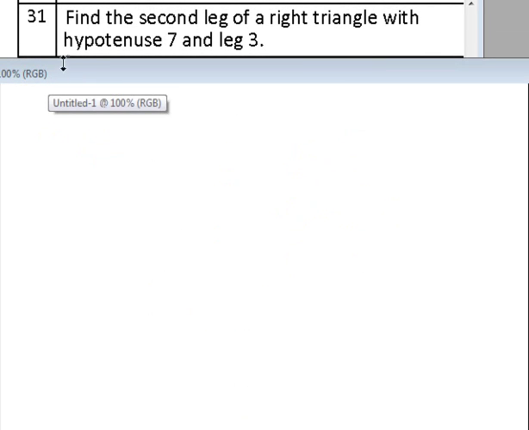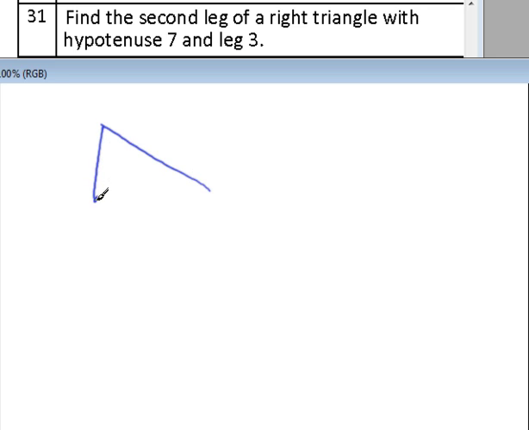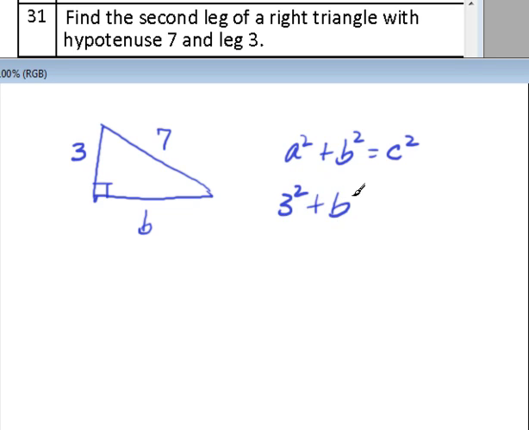In number 31, we want to find the second leg of a right triangle with hypotenuse 7 and leg 3. Again, let's draw a picture. Okay, that's the right triangle. The hypotenuse is 7 and one leg is 3, and we want to find the other leg. Let's call that b. Again, the Pythagorean theorem: 3 squared plus b squared equals 7 squared.